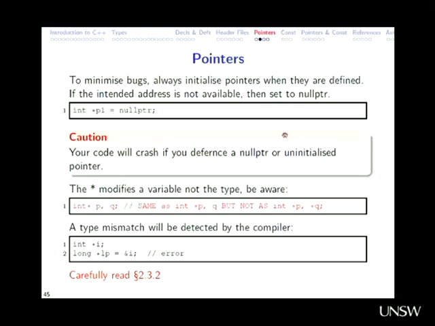Now, to minimize bugs, you should always make your pointers null when you start. C++11 does this by using nullptr, not by using equals 0. If you're coming from the land of C, if you want a null pointer, you just set equals 0 or equals NULL, capital N-U-L-L, or lowercase nullptr, C++11 style.